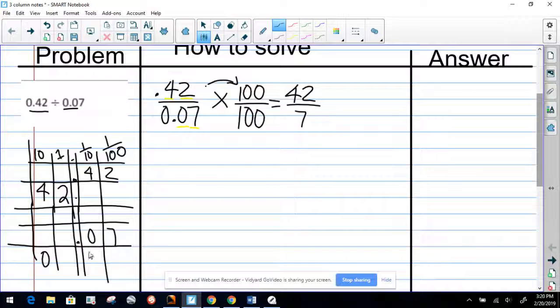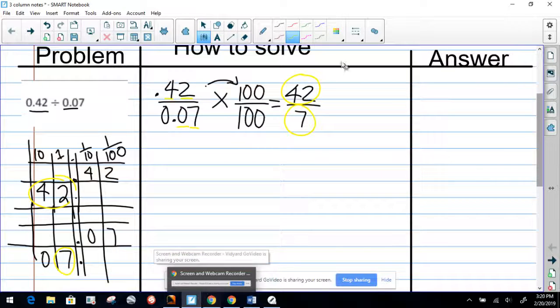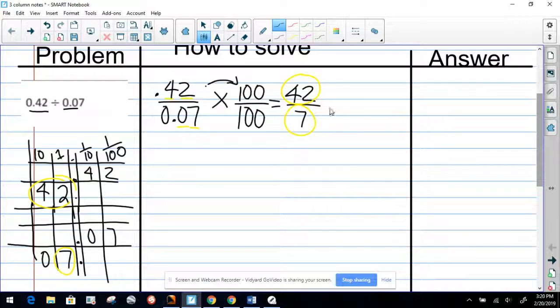The 7, 1, 2. So now the 7 is not 7 hundredths, it's 7. So these are the numbers that we end up with as the answer of the multiplication, which is this right here. All right, and you know that's a division, right? So it's 42 divided by 7 equals 6. Okay, that's one way to solve this situation here.